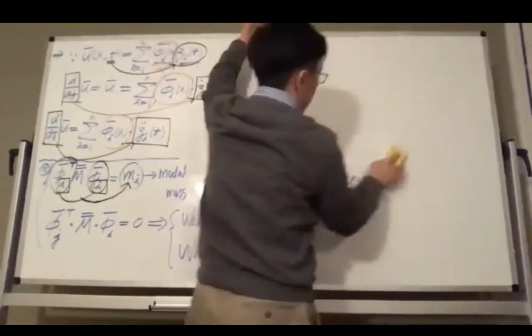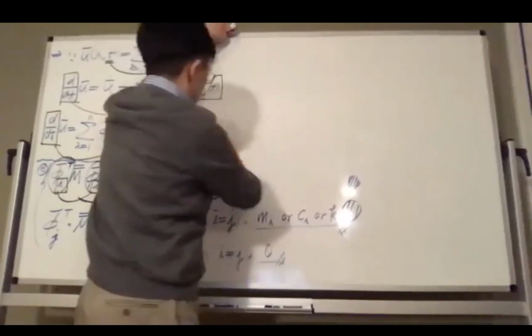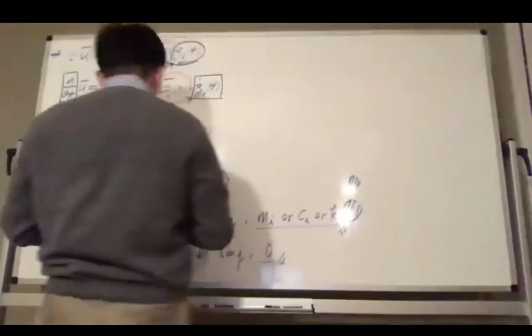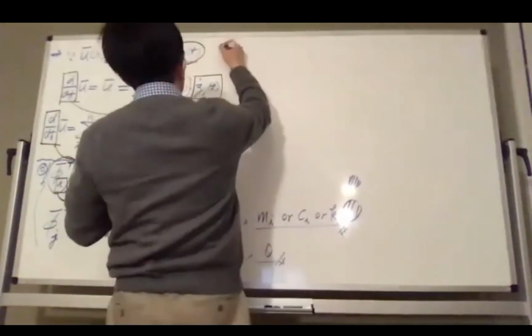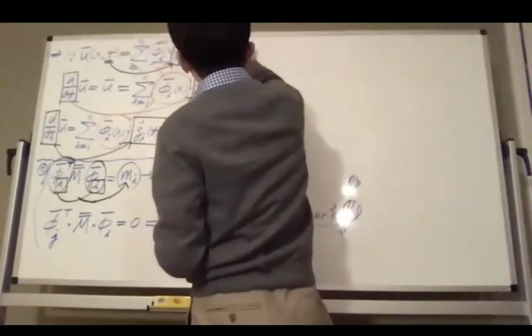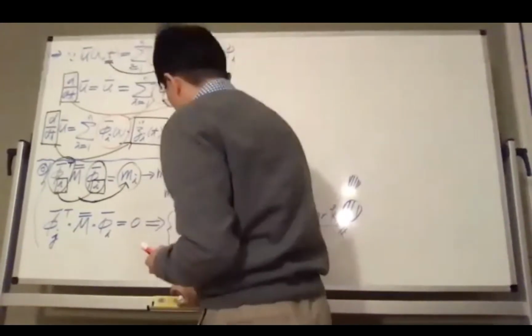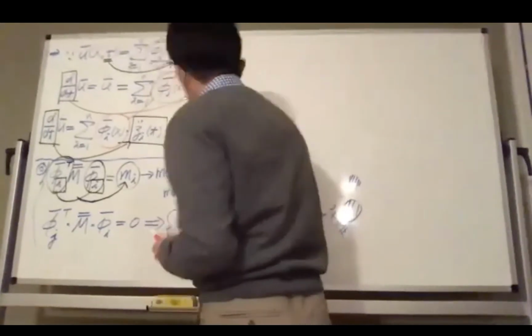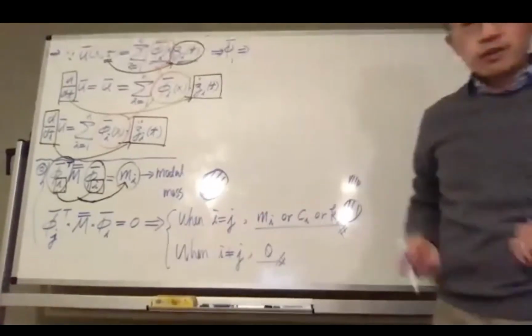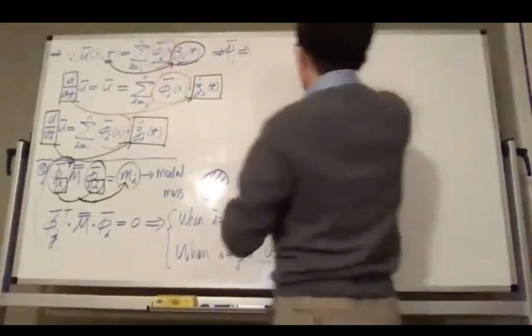We can write this to become this. If you apply the first mode, let's say phi1, you apply the phi1, and eventually you're going to get only the phi1.